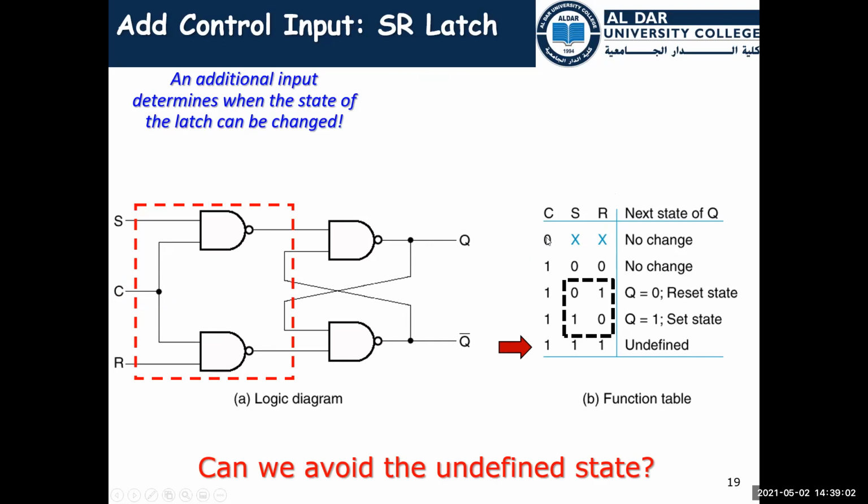But if we change the control to 1, we get the previously studied SR latch, the same. 0 0 will have no change. 0 1 is a reset state, 1 0 is a set state, and 1 1 is the undefined state.